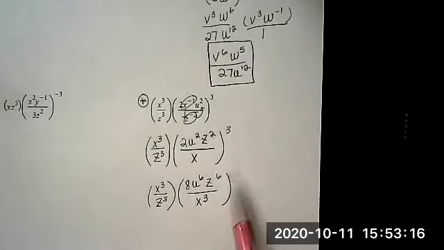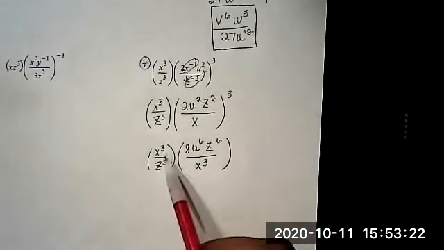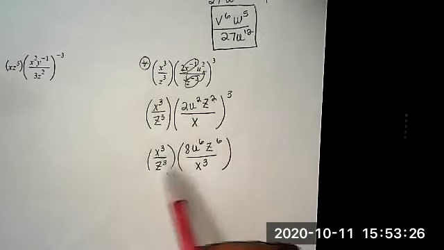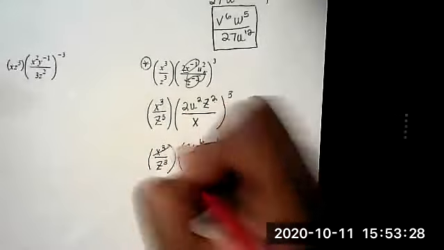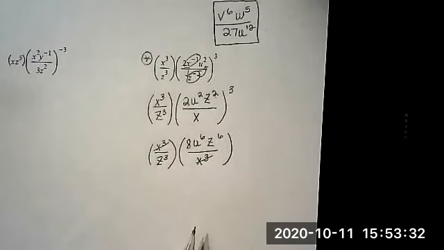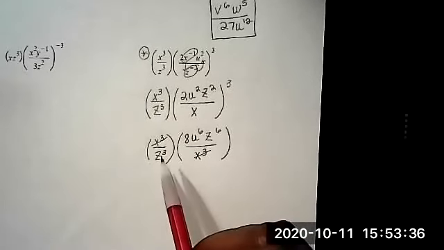And now that we don't have that cube up there, we can multiply straight across if we need to. Matter of fact, if you're multiplying, you can actually cross simplify. So these x cubes cancel out, and then this is x to the 6th, and this is z to the 3rd.